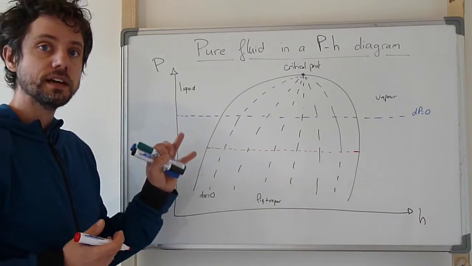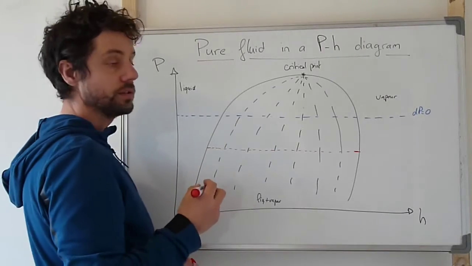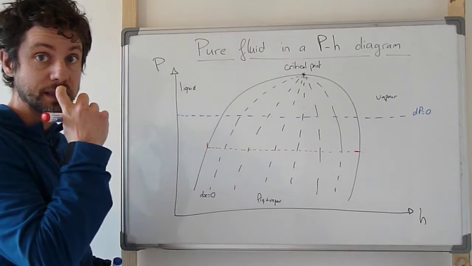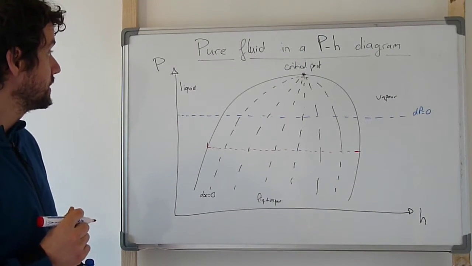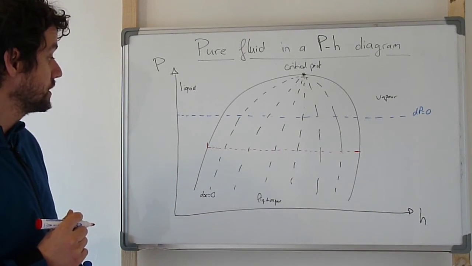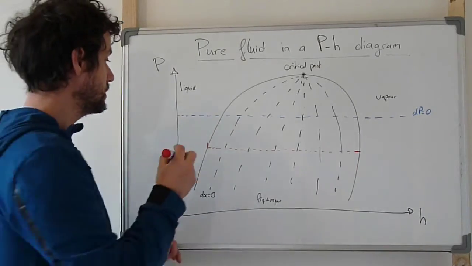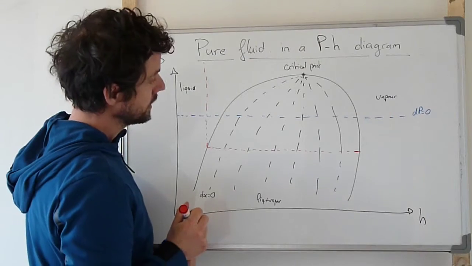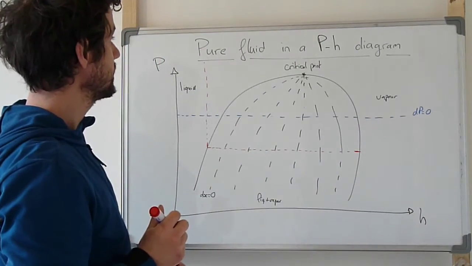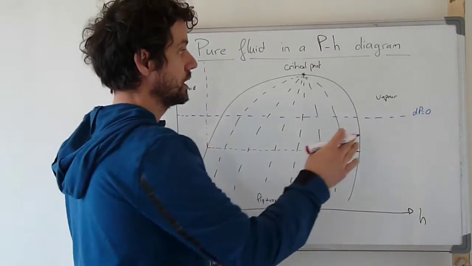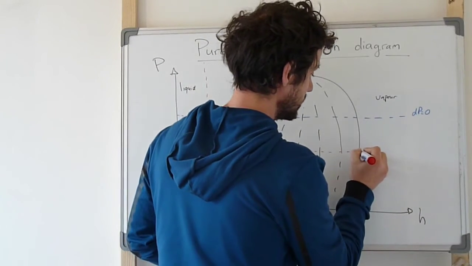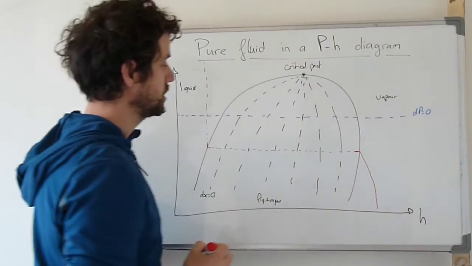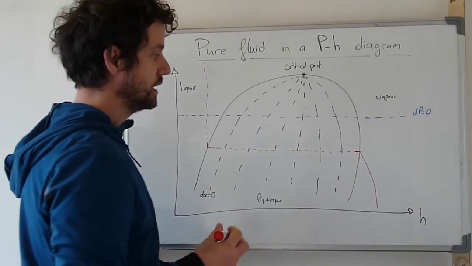On the liquid side, the isotemperature lines are vertical. This is due to the fact that the fluid is not compressible. So this is vertical. And on the right hand side, so I mean in the vapor zone, the normal shape of the isotemperature lines is going down like this.